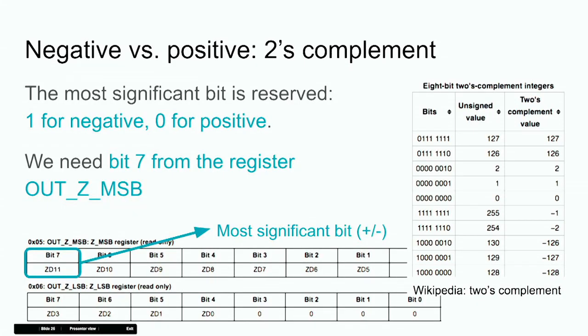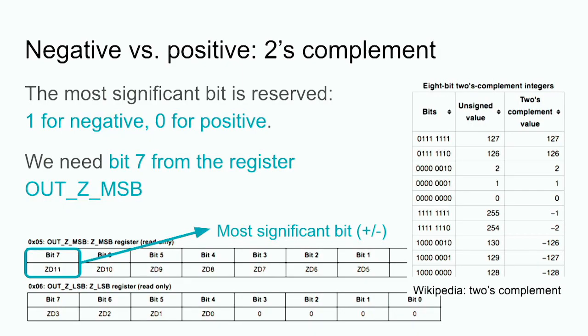And specifically, there's this thing called 2's complement, which according to the data sheet is what this MMA84 accelerometer device uses. And 2's complement, which I'm going to grossly simplify right here, is a way to say negative versus positive by using the most significant bit as a placeholder for a negative or positive sign, right?